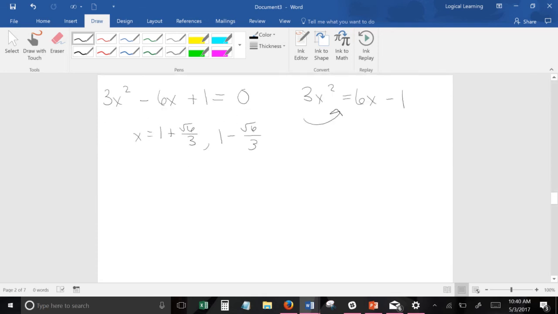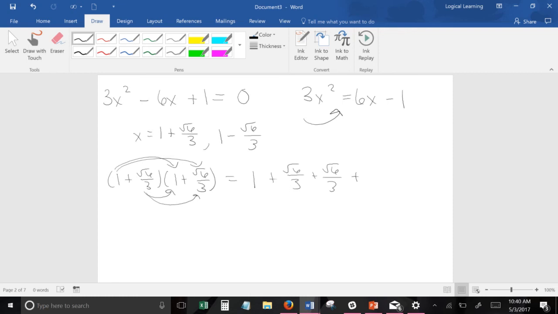So the first thing we'll need is x squared. So let's try the first one. If we have 1 plus root 6 over 3 times 1 plus root 6 over 3, we have to FOIL this. So we get 1 times 1 plus 1 times root 6 over 3, which is just root 6 over 3, plus 1 times root 6 over 3, plus root 6 over 3 times root 6 over 3.